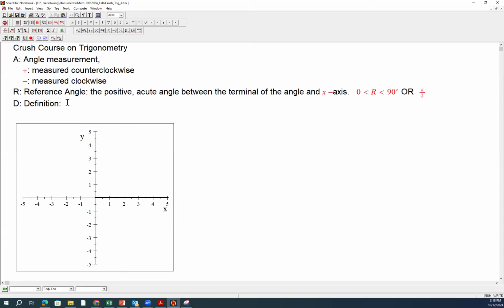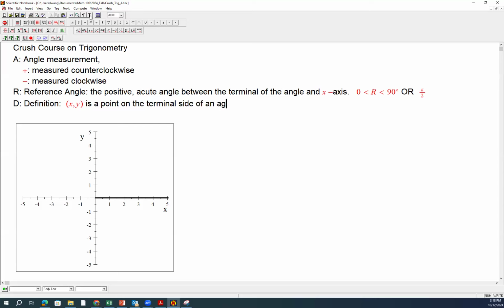Before we start the definition, we make some assumptions. We say x comma y is a point on the terminal side of an angle.